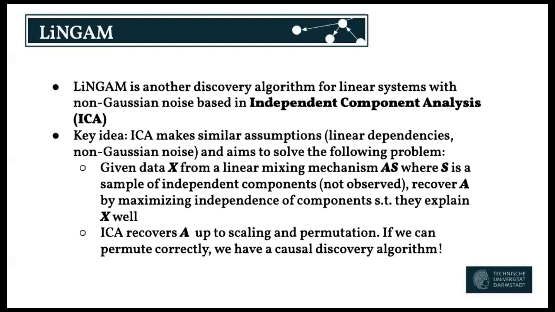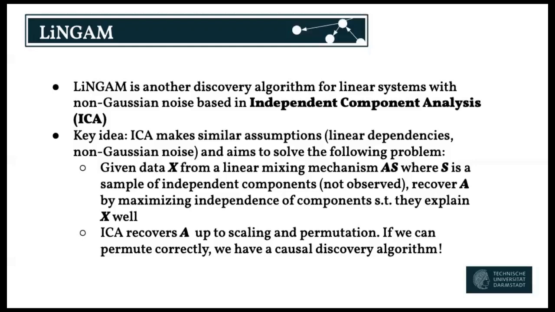So if you have given some data which originates from a linear mixing mechanism, so assume you have S, which is a vector of independent components or a matrix of independent components, and you try to obtain A, which led to the data X. So it's a bit like this cocktail party problem. Maybe some of you know that. Yeah, you have multiple persons in one room, and you cannot really listen to all of them, right?